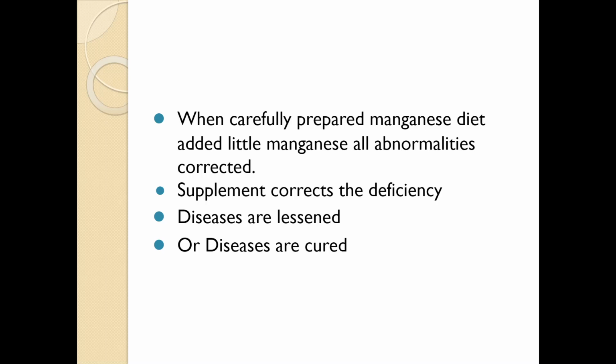Supplement corrects the deficiency, no doubt. Diseases are lessened or diseases are cured. But it is observed that many times, in spite of giving the supplements, the symptoms of deficiency still persist. And here we can conclude that it is because of faulty assimilation.